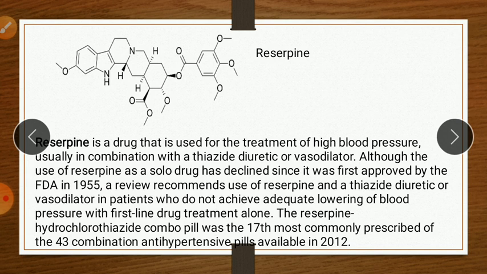The reserpine hydrochlorothiazide combination pill was the 17th most commonly prescribed of 43 combination antihypertensive pills available in 2012. So it is the use of reserpine.